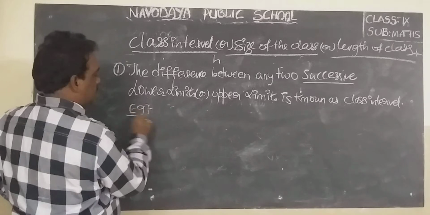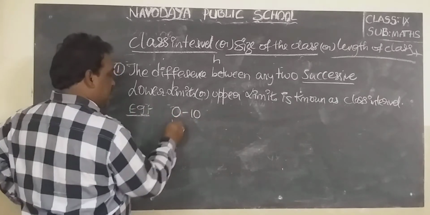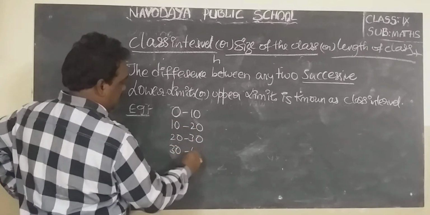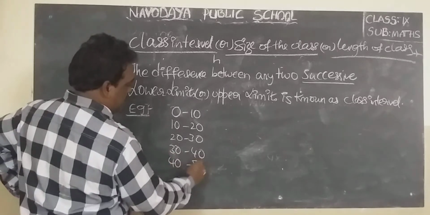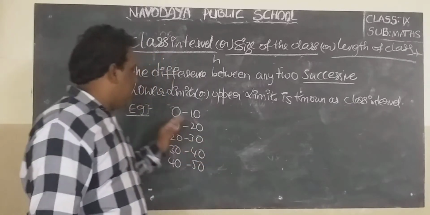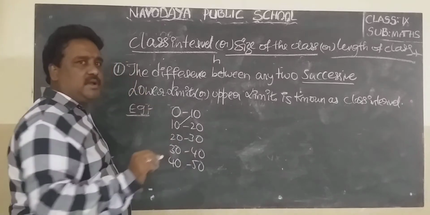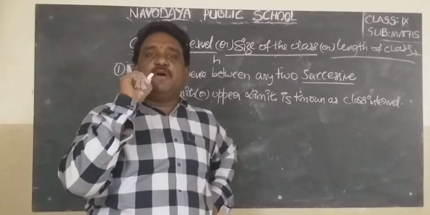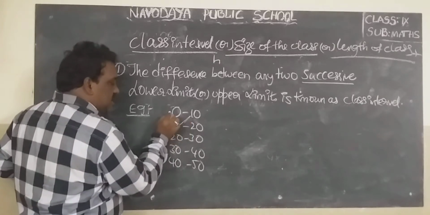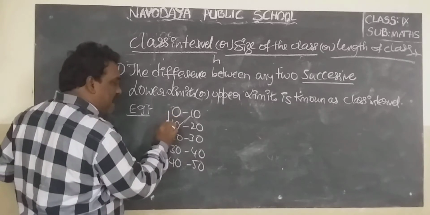Example: I want to write some classes: 0 to 10, 10 to 20, 20 to 30, 30 to 40, 40 to 50. You know what type of classes they are? They are exclusive classes, clearly, because there is repetition. Remember, if there is repetition, such classes are known as exclusive classes. Then take the difference. 0 lower limit, 10 lower limit, successive lower limits, gap 10.